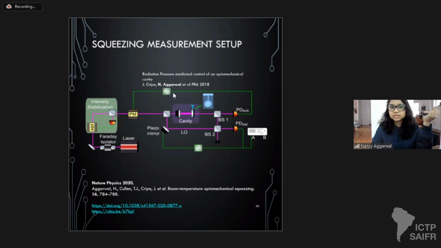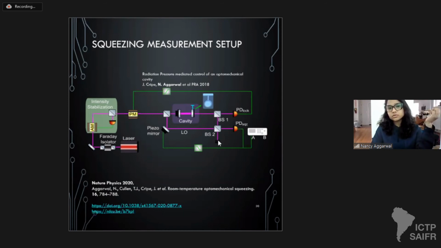And we lock this cavity, we take the light that's transmitted from this cavity, divide it into some small part that's sent back to lock the cavity. And again, this locking is via radiation pressure. And then we take the other piece of the light and we beat it with a local oscillator. And we use a homodyne detection there to measure what kind of squeezing we have.